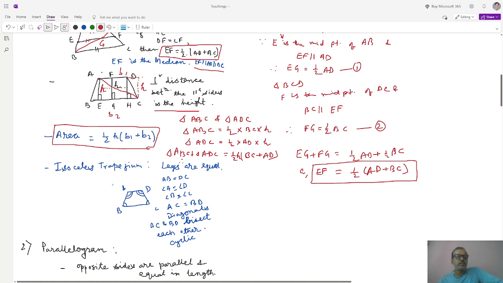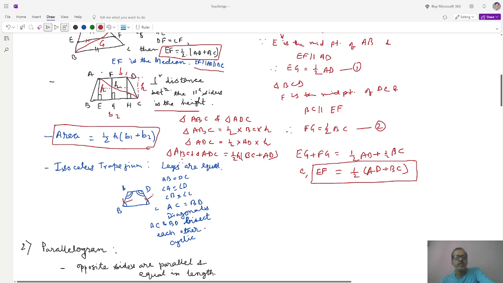Certainly, you have heard the term isosceles trapezium. What is the isosceles trapezium? We are already familiar with the word isosceles, in isosceles triangles. Okay, in these triangles, two sides are equal, known as an isosceles triangle. Similarly, isosceles trapezium means that if the legs of the trapezium are equal, then it is known as an isosceles trapezium.